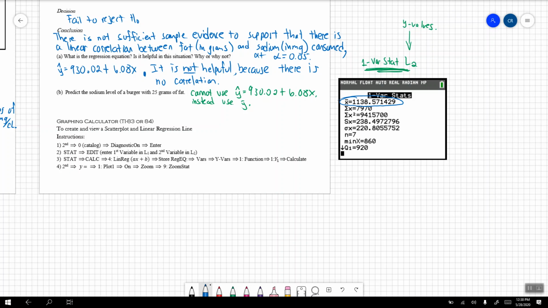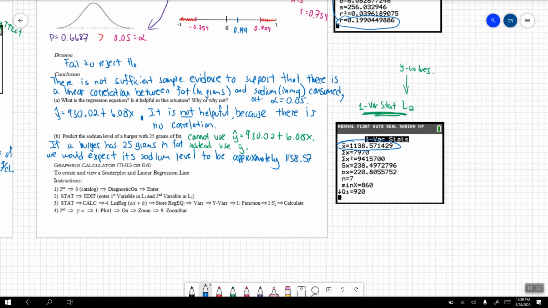So to predict this, I'm going to say if a burger has 25 grams in fat, we would expect its sodium level to be approximately, and that's going to be this number here, 1,138.57, and then we put units of measurement here.